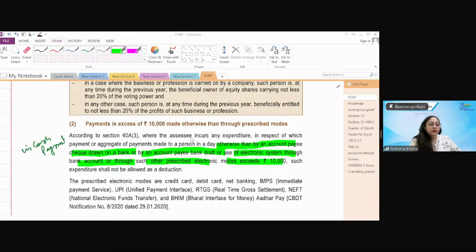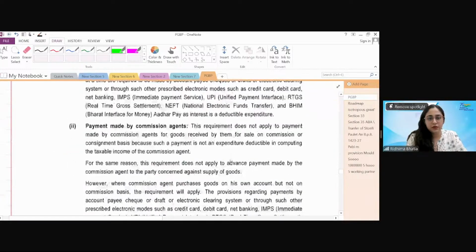Okay. Another thing which is clearly given in your book, let me explain that: payment made by commission agents. Now what do commission agents do? They take payment from me. Say Mr. A is my commission agent. He is making this payment to someone else and picking up goods on my behalf.